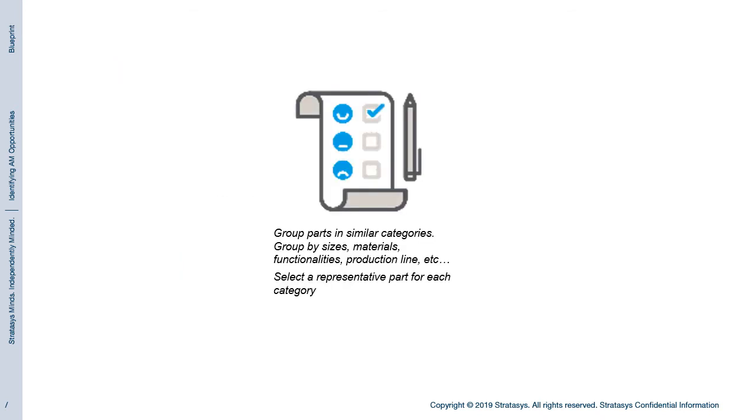Once we have identified the parts that seem to be suitable for 3D printing, it is important to group the parts by families. Let's look at, in all the ones that are suitable, what do they have in common? Are we having a lot of pushers of the same material? Are we having a lot of parts with the same size? It's very important to know which category the part belongs to, because it will be representative of a larger set of parts.